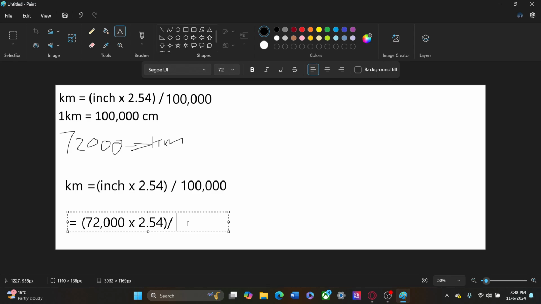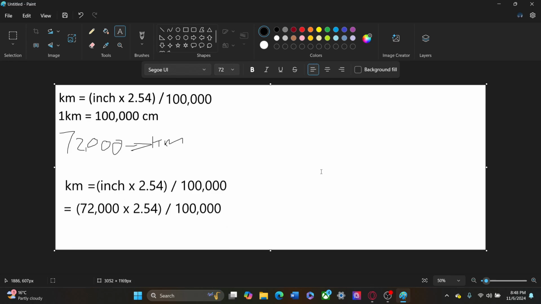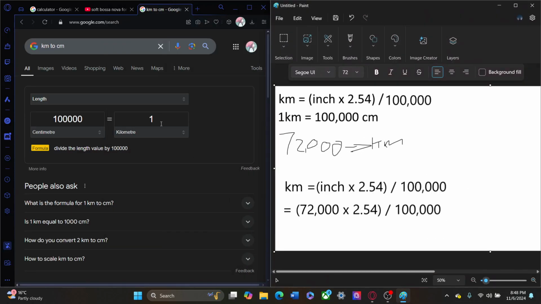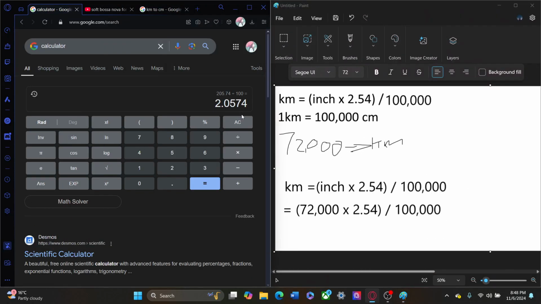And since we know that in 1 kilometer it is 100,000 centimeters, we just divide that by 100,000. And we'll get our answer. So, literally just the same thing.